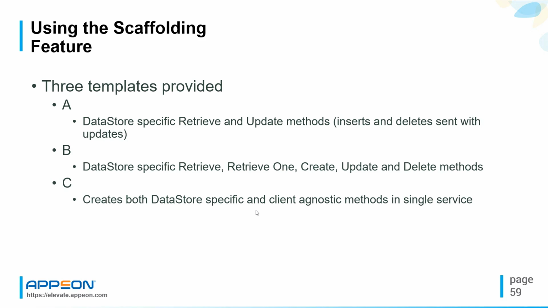And so you have one service that can be used both by PowerBuilder and, well, if you created a client agnostic method, you can use it from PowerBuilder as well. But what this template C does is creates methods that support the metadata approach the data store uses and the client agnostic methods.